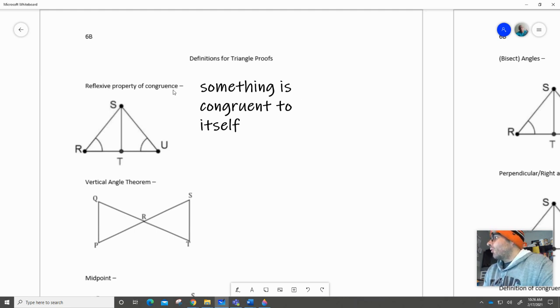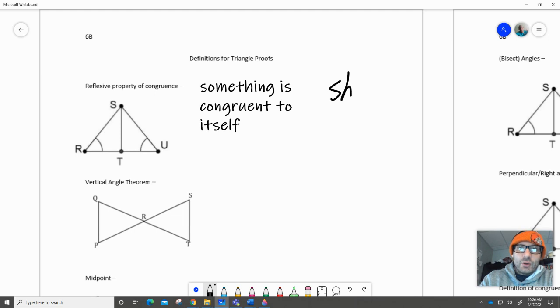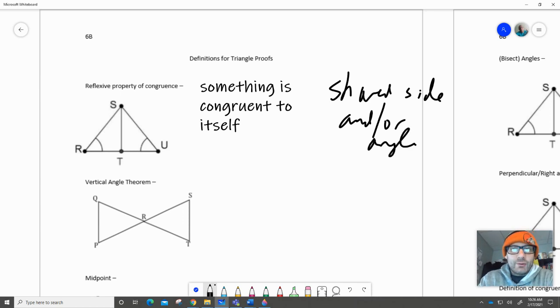In this context, with these two triangles right here, this would benefit us if they share a side or share an angle. If they have a shared side and or angle, we can use the reflexive property of congruence.